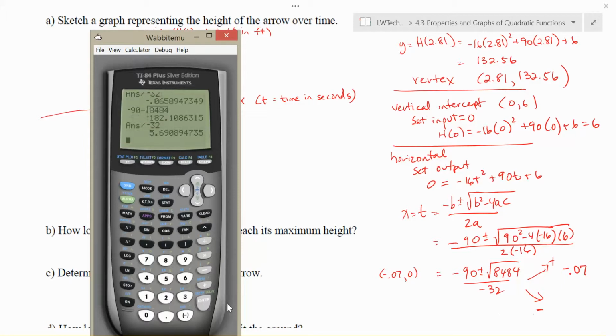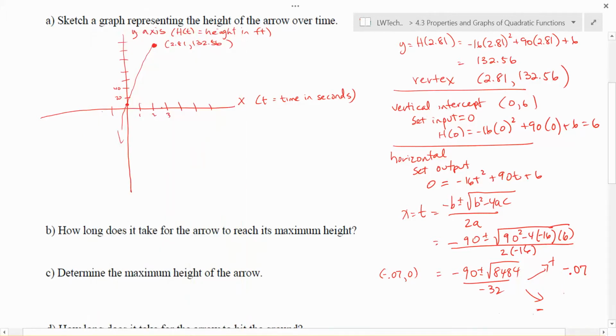In this case, that gives us 5.69 when we round to 2 digits. So my other horizontal intercept is located at 5.69, 0. And that will come down here. That's 3, 4, 5, 6. 5.69 is going to be about halfway, and it'll come down this way for my parabola.